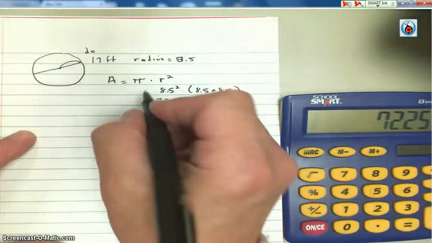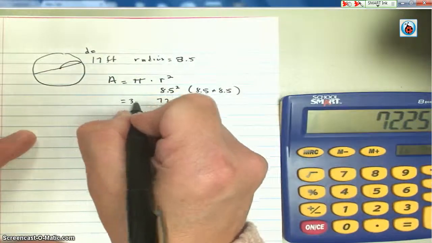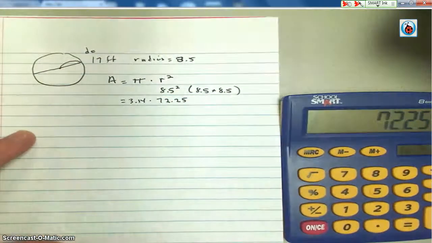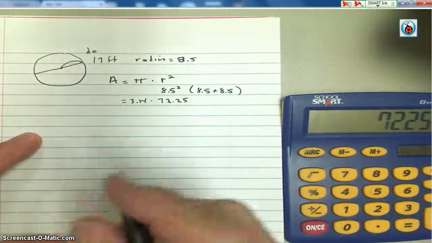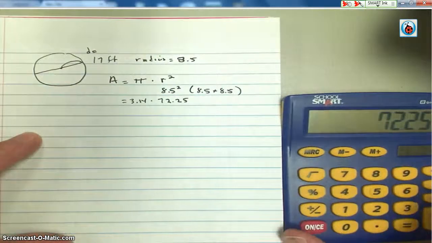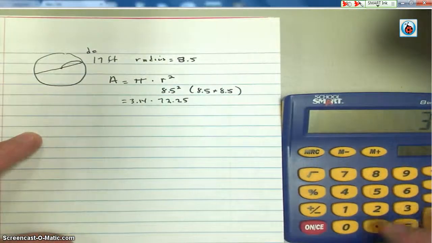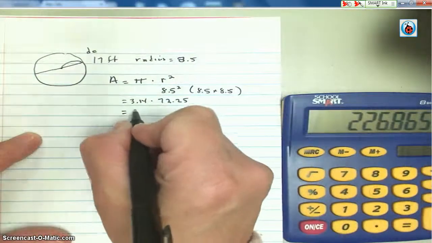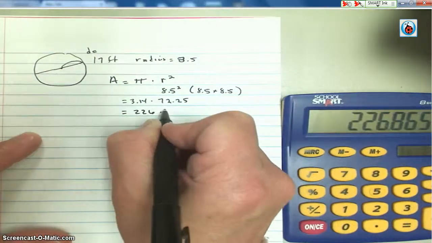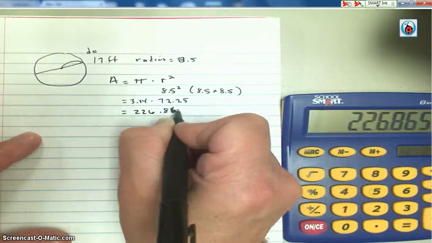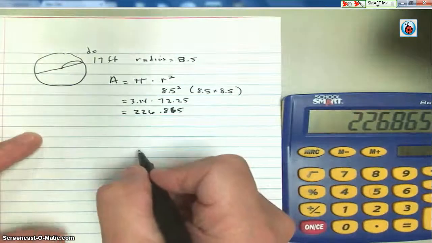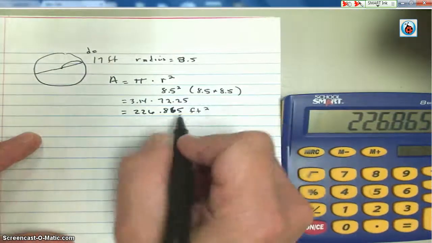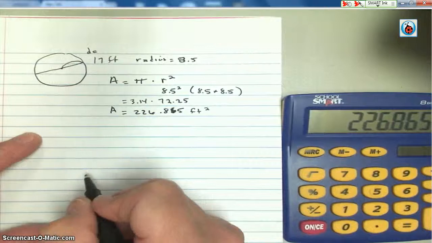And we're going to multiply that times pi, which is 3.14. And if we multiply that times pi, 3.14, we're going to get 226.865 feet squared, again because this is area.